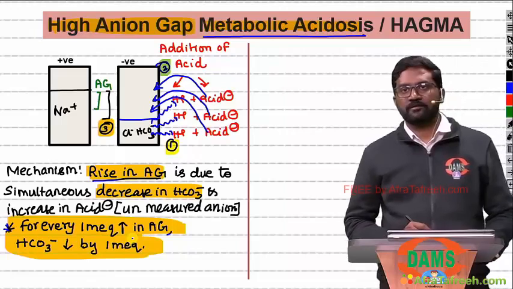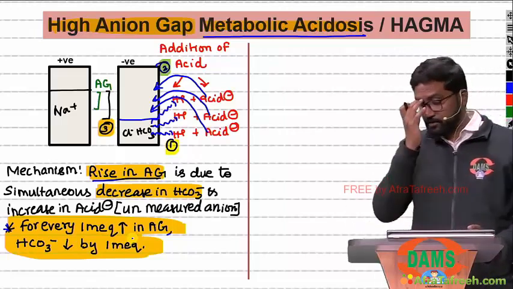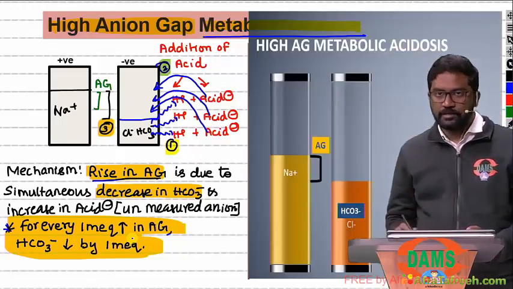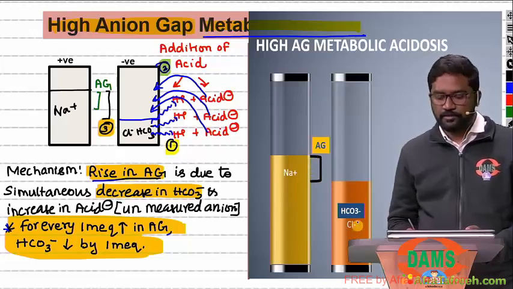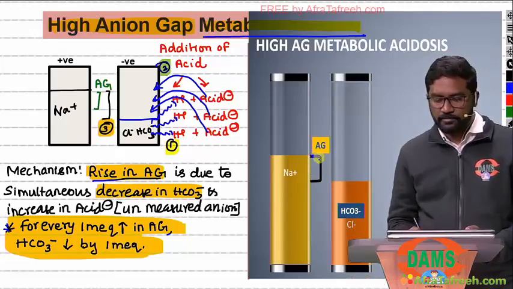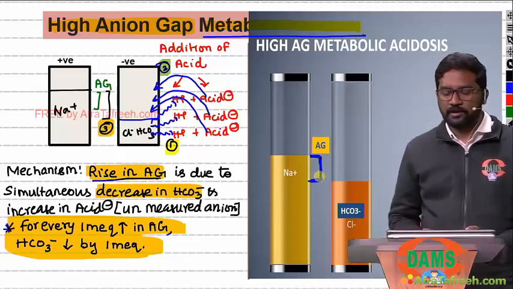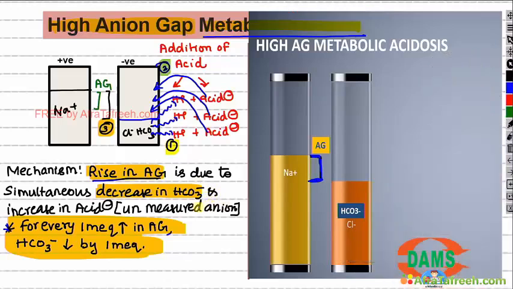Now to understand this high anion gap metabolic acidosis, I have made a simple video. So let this be equilibrium. So let this be sodium, chloride and bicarbonate, and between these two there is anion gap. Now what is going to happen after addition of acid?